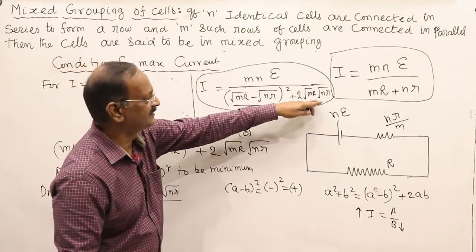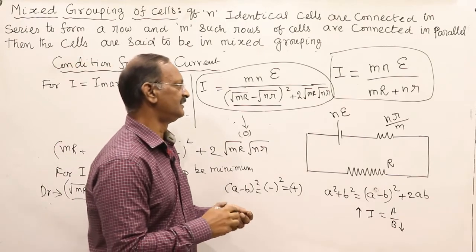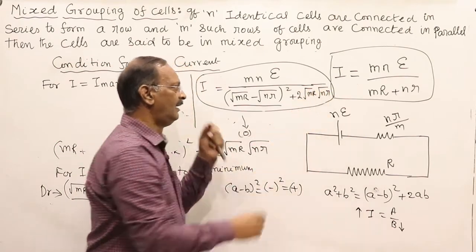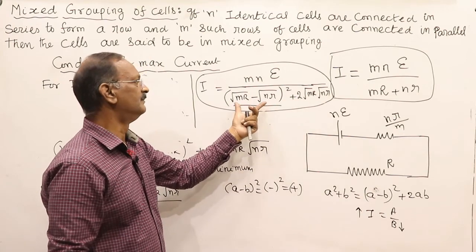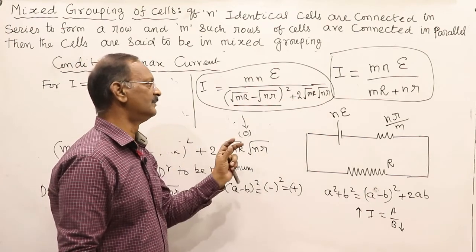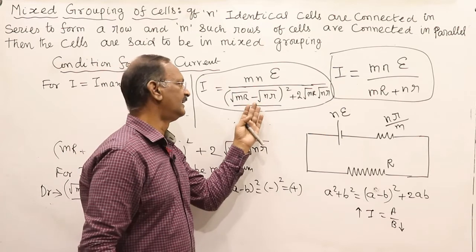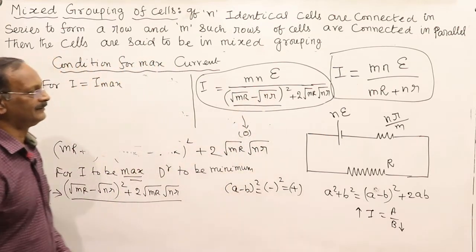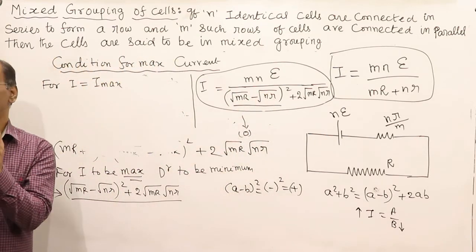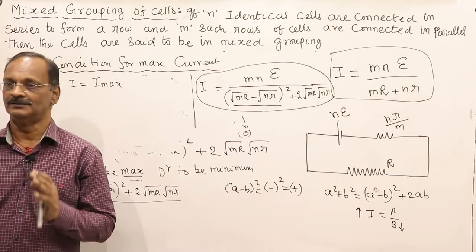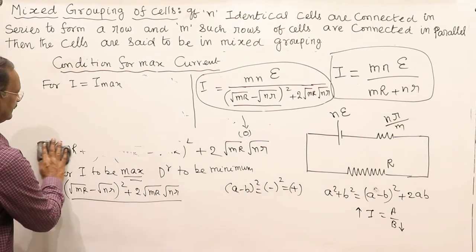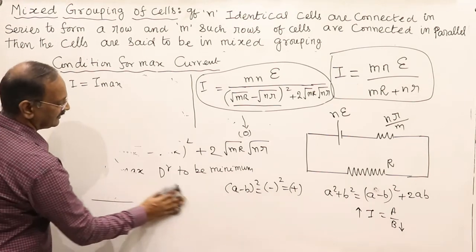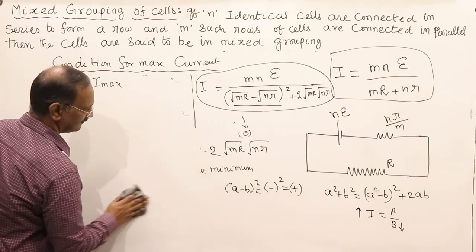The second term cannot be minimum because M, R, N, small r are all fixed. But the first term can be minimum, with a value equal to 0, because it is a square term and cannot take a negative value. The minimum value of a squared term is 0.